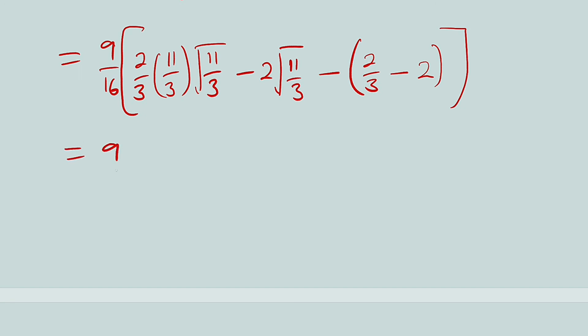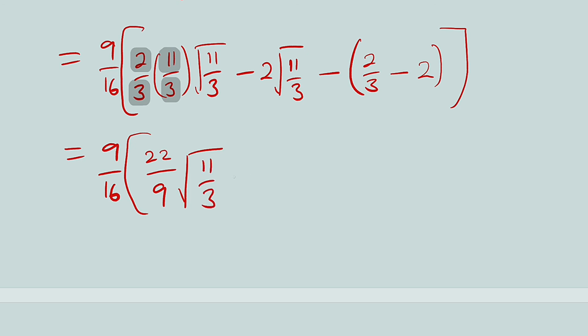This is equal to 9 over 16 multiplied by 2 times 11 is 22, 3 times 3 is 9. So we have 22 over 9 multiplied by square root of 11 over 3 minus 2 multiplied by square root of 11 over 3. Then minus 2 over 3 minus 2 is the same thing as negative 4 over 3.